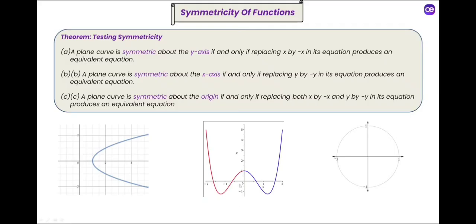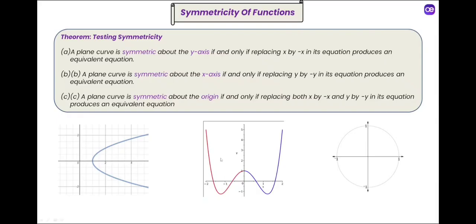Here is the y-axis, and look at the right side of it, and look at the left side of it. Doesn't it look the same, both sides? If you merge at the middle of the curve, which is the y-axis, then we will get the same thing on both sides. Look at this, same thing on both sides. It means this curve is symmetric with the y-axis.